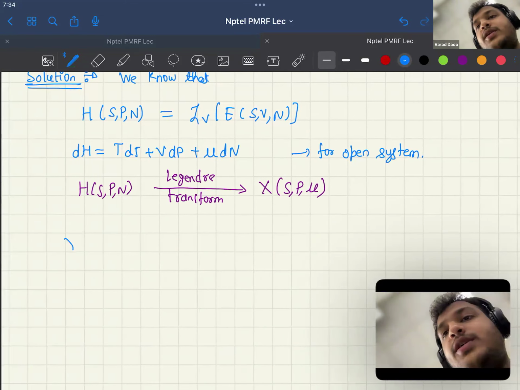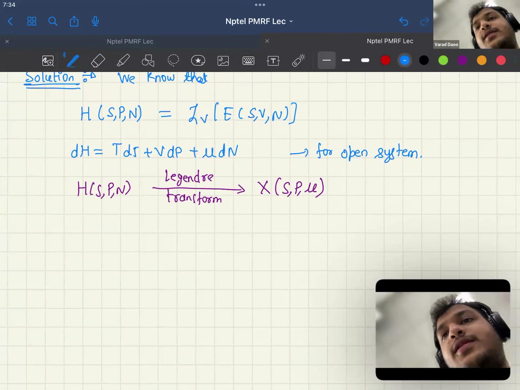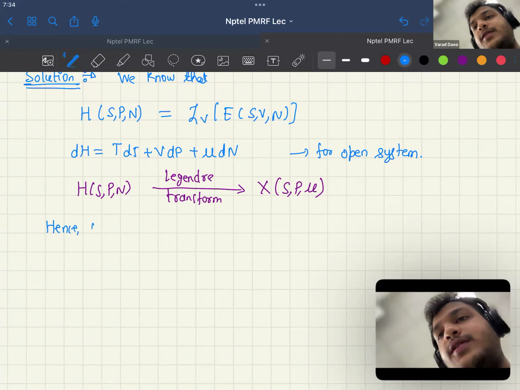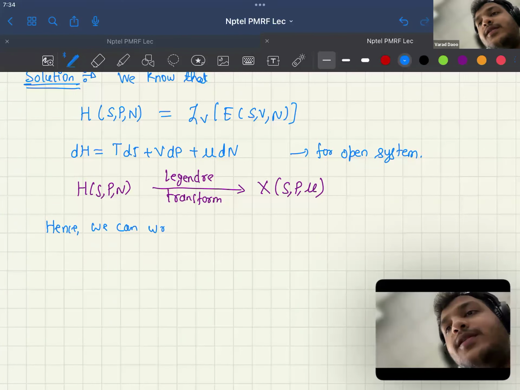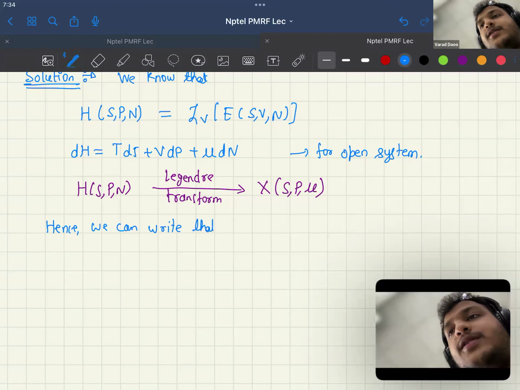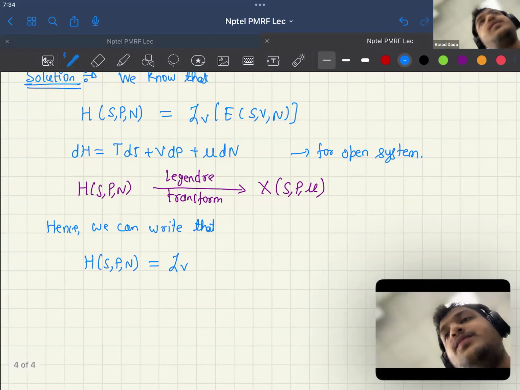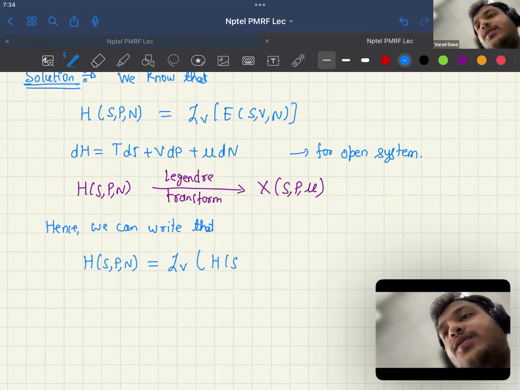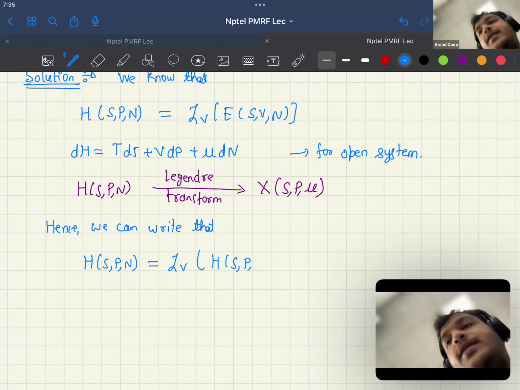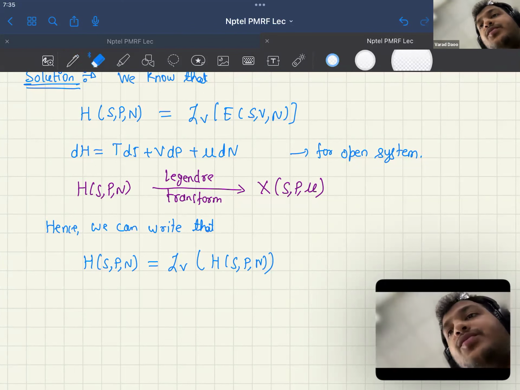So hence we can write that H of S, P, N is going to be Lagrangian of H of S, P, N. Here it should be mu.